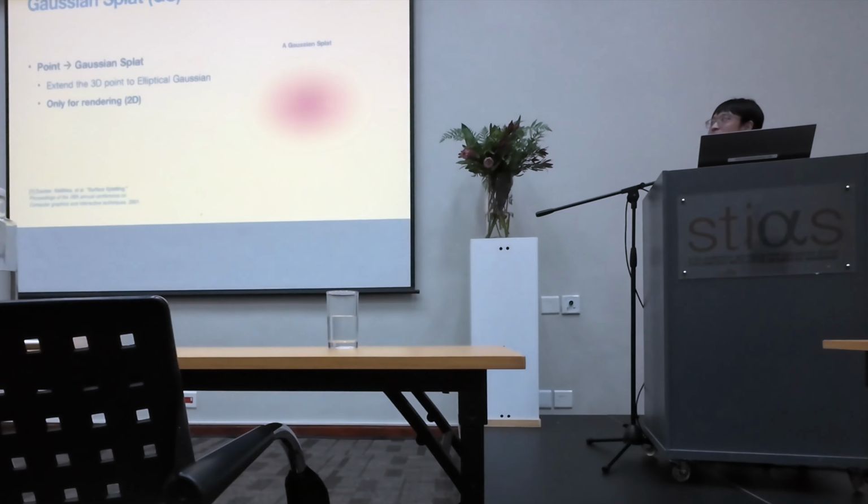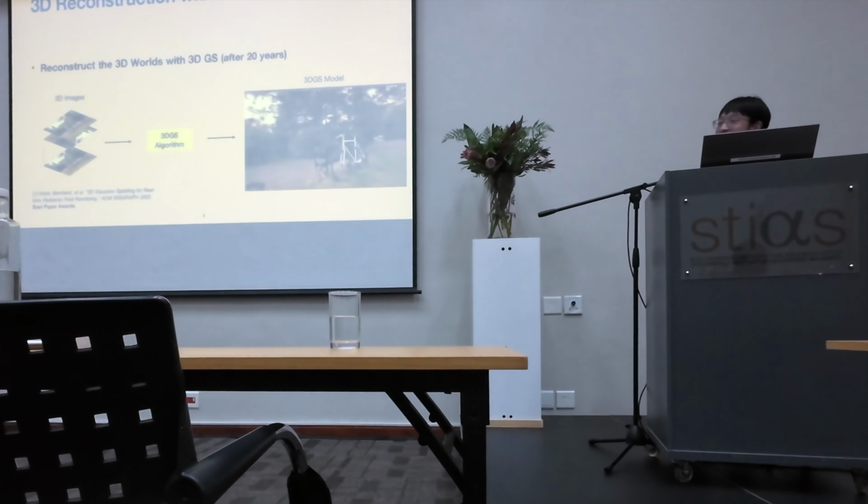He tried to extend the point cloud to elliptical Gaussians during rendering. This is how a Gaussian splat looks. Basically it's a splat and it follows the Gaussian distribution.